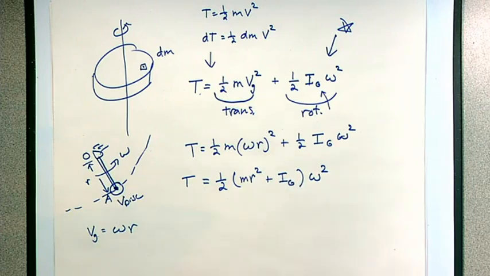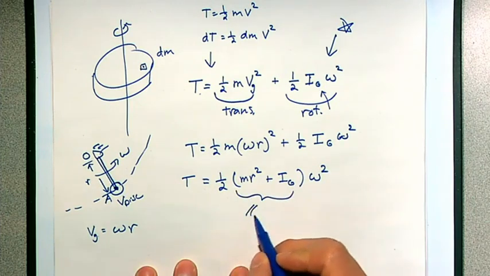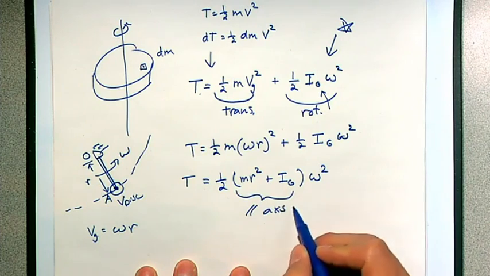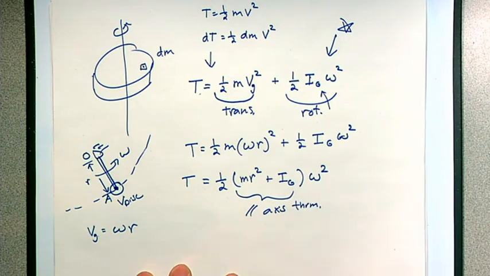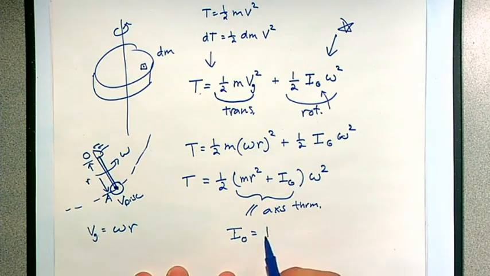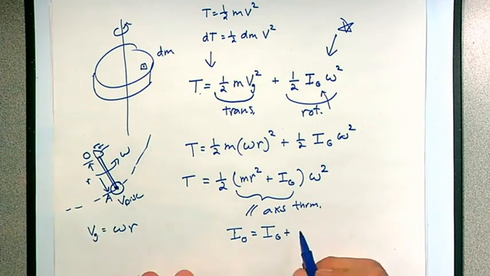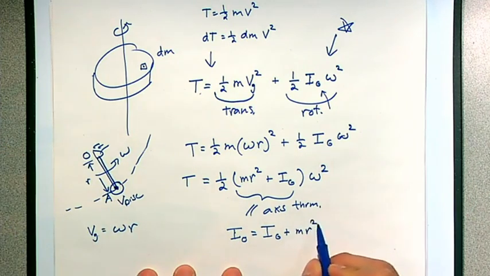Well, what is this? This is like our old friend. This is just the parallel axis theorem. So this is telling me that my moment of inertia about my pinned location is my moment of inertia about, in this case, the disk, about its CG, plus our offset, m r squared.